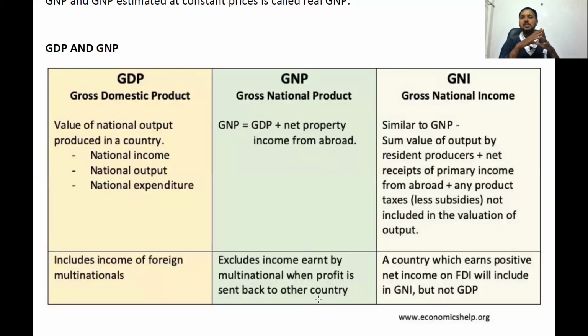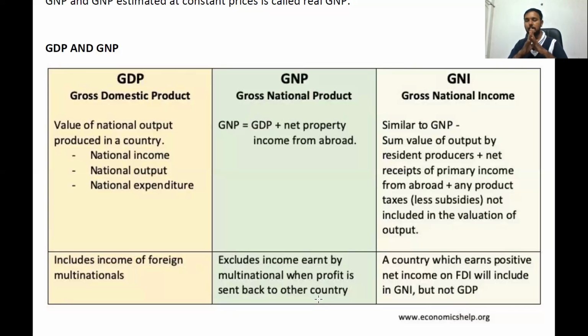GNP is also the same thing, but we need to focus on two different things. The first is that it is the total production of goods and services done by only the Indian citizens, only the citizens of a particular country. Now if a citizen of India goes outside the country and does the production over there, then this will also be considered in the GNP, but the production number must be taken from the citizens of a particular country.